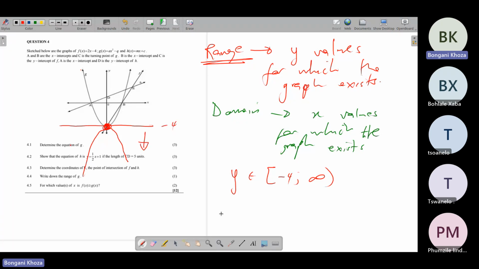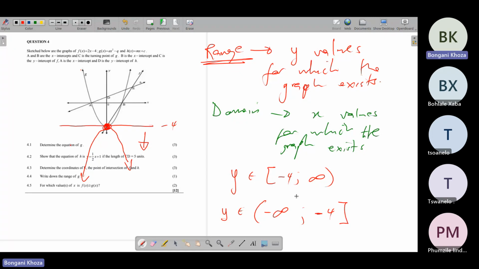So we'd say our y is an element of, it starts from negative infinity. Negative infinity is also a round bracket because we don't know the value of negative infinity. And then it ends at -4, but -4 is a square bracket.